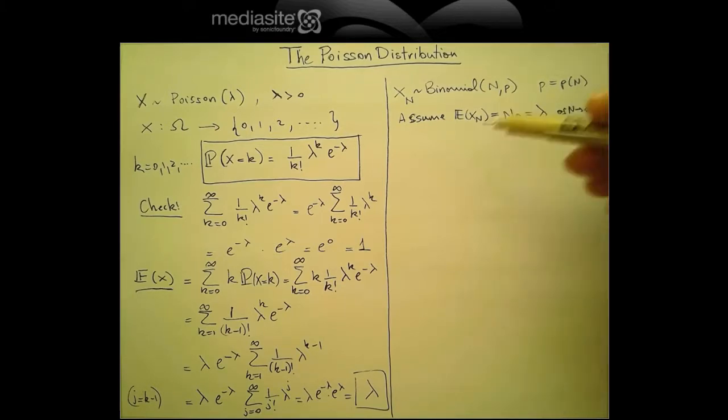So we take a bunch of binomial distributions, fix the expectation, and let n go to infinity, and p will go to 0 accordingly.